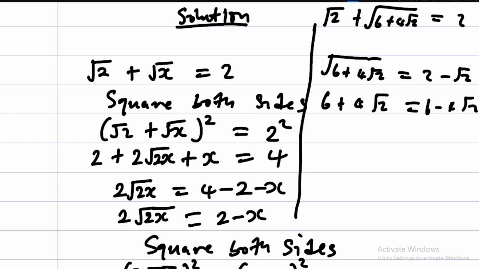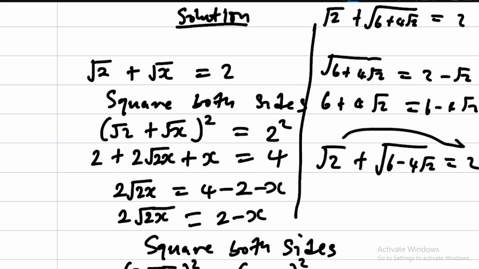We check the negative one. That means we have that the square root of 2 plus the square root of 6 minus 4 root 2 is equal to 2. So if I move this one to this side, I'm going to have that the square root of 6 minus 4 root 2 is equal to what? 2 minus root 2.